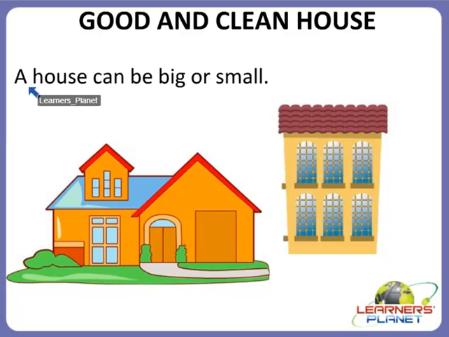So children, a house can be big or small. It can have one room or many rooms. So children, did you understand this? A house can be big or small, and it can have one or many rooms.